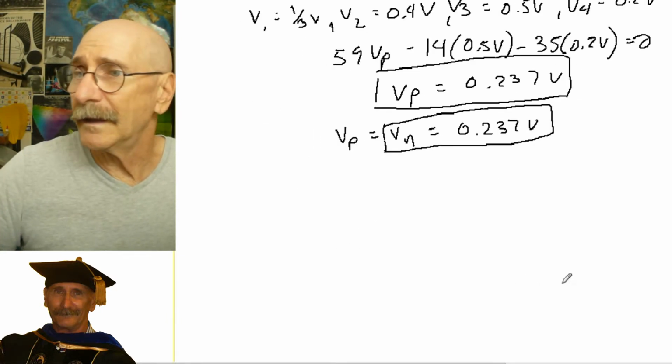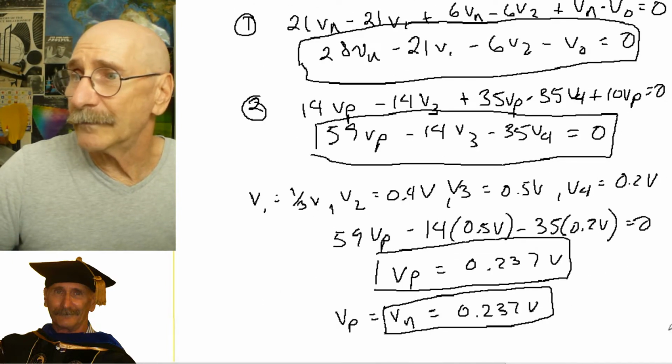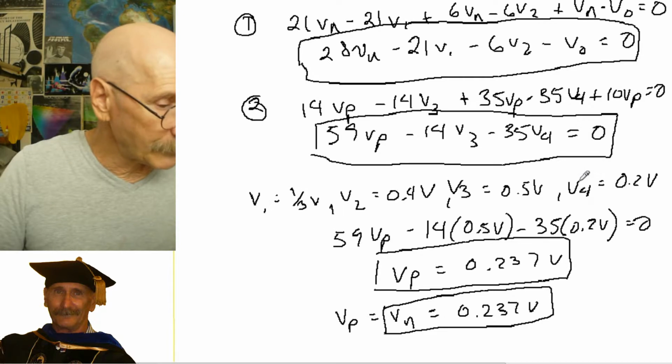The third thing we're going to look for is V out. We're going to get V out from this equation over here, since we know V sub N. So let's plug those numbers in.